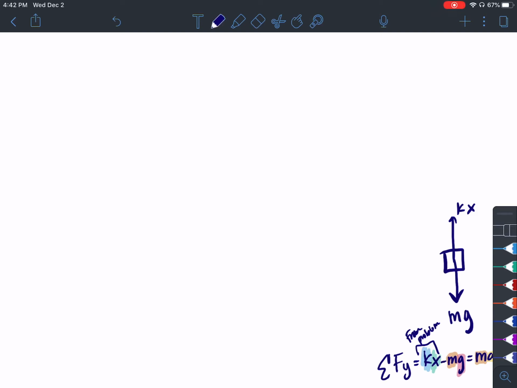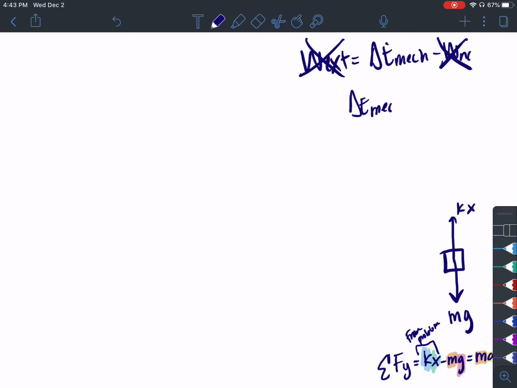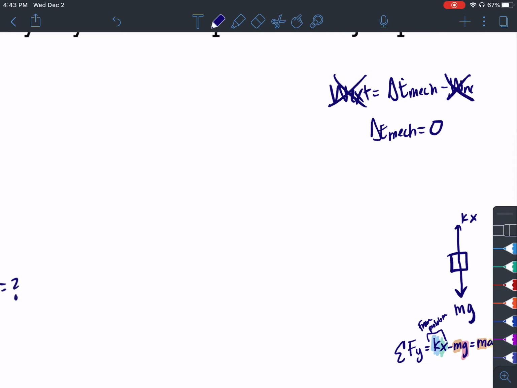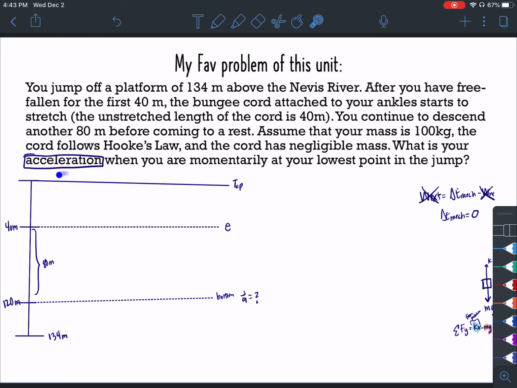So if we go back to that other equation from work, the non-conservative force comes out because we're not dealing with friction or drag. There isn't an external force, so our change in E mechanical has to be equal to 0. That means at the top of my path, in the middle of the path, and at the bottom of my path, my E mechanical has to be the same. So the sum of your kinetic and potentials in all these places has to be the same.